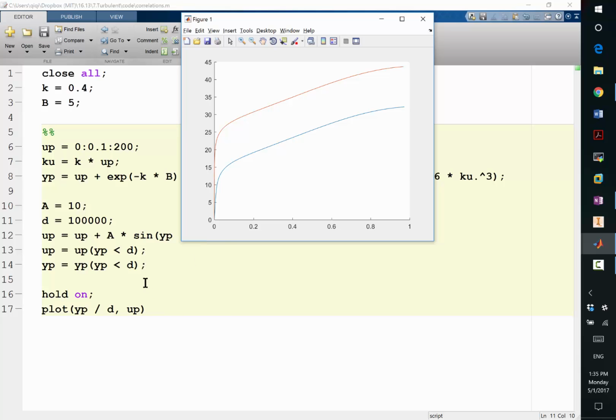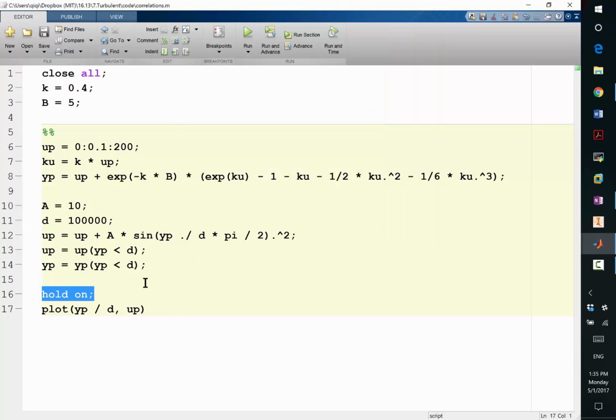Okay, so now let's comment this out and try to compute some quantities. So what is the skin friction coefficient of the boundary layer? It's equal to tau divided by half of rho u square, right?